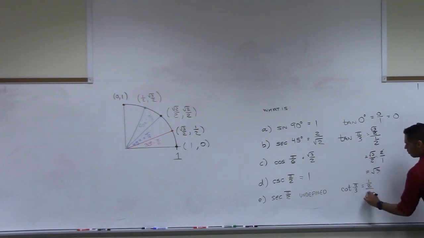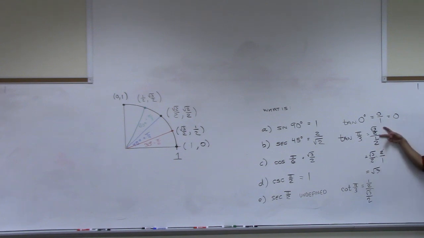One half over root 3 over 2, right? This instead of this. So how does that change things? It's 1/2 times 2 over root 3. 2's cancel, you get 1 over root 3. So it was this one flipped over. But I was acting like we hadn't done this yet. All right?